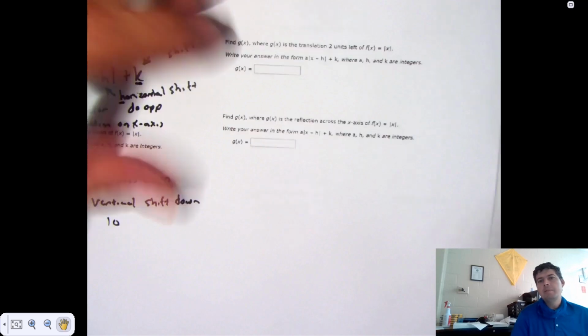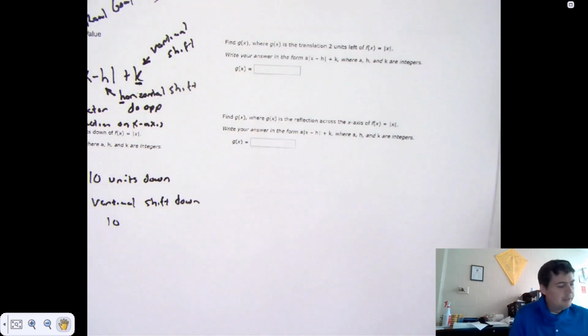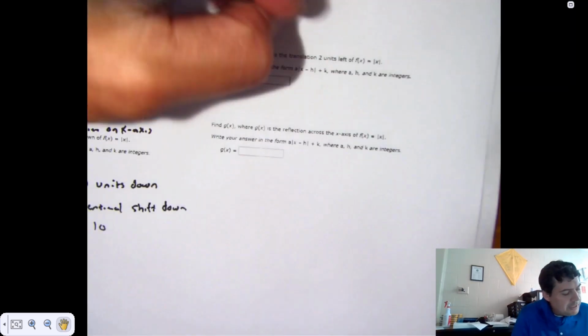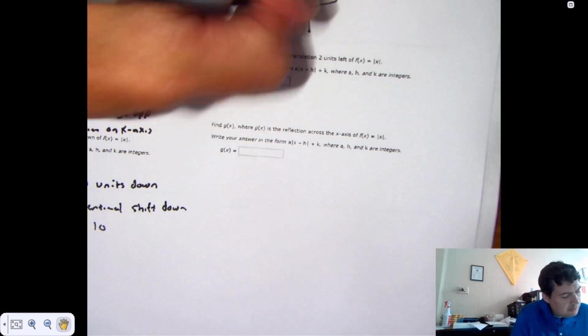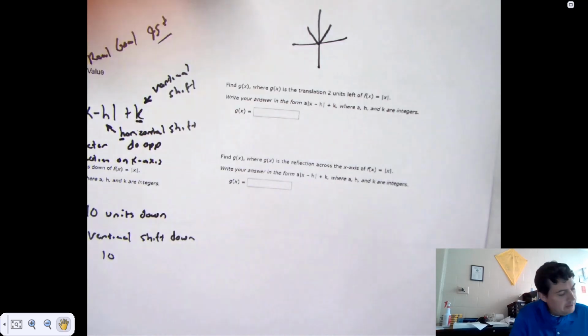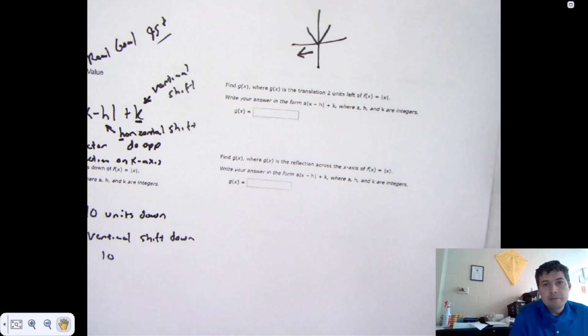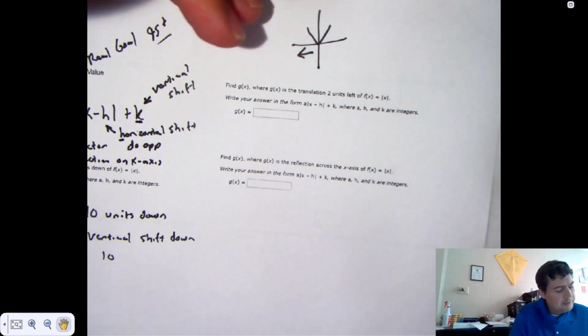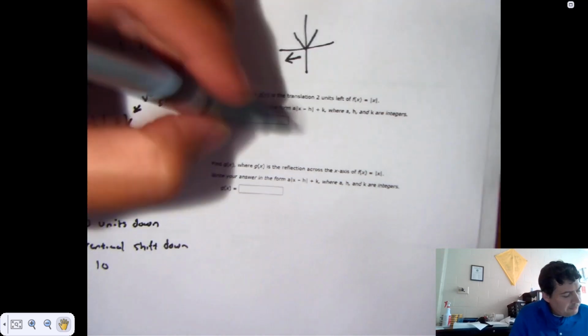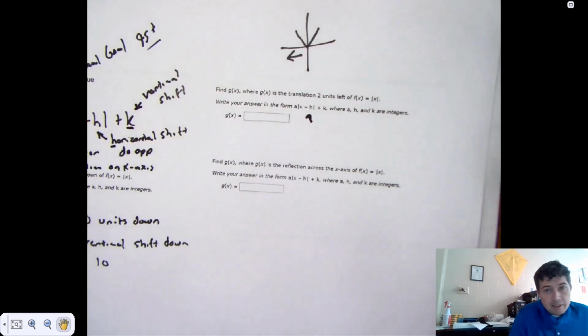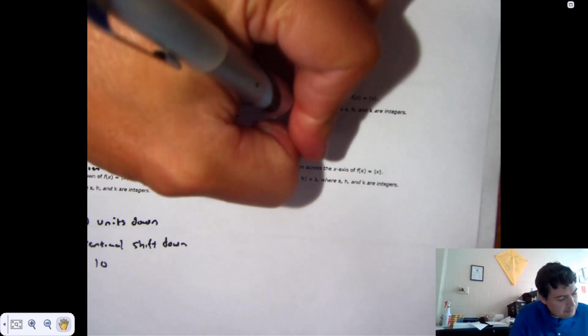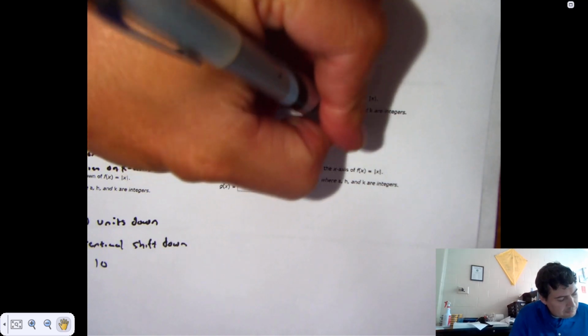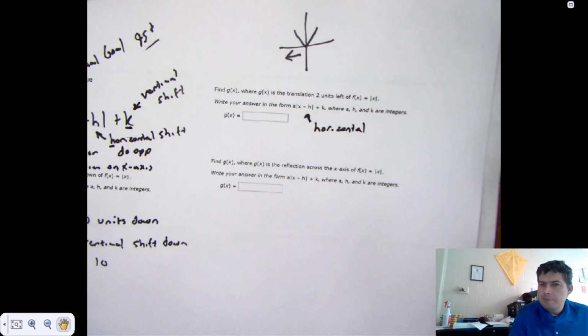Next one up talks about 2 units left of the mother function. So what we're doing is we're taking that mom, looks like that. That's mom, by the way. And we're going to shift it to the left. They've got the form here, and the h stands for horizontal because left is horizontal. But aren't you supposed to do opposite?